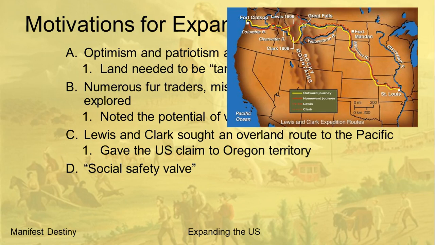There was also a view that expansion and movement west would provide a social safety valve. What that means is we have the opportunity for people who have in some way failed in their life. They can move west and they can start over.